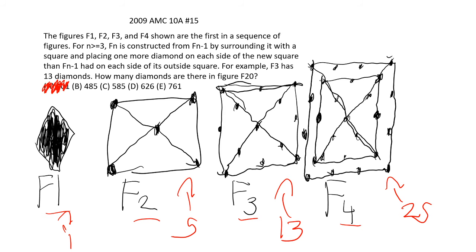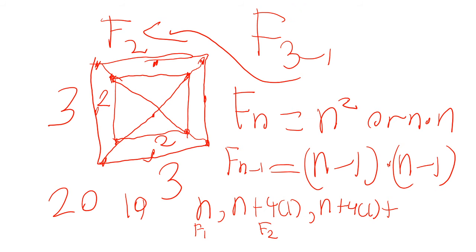Over here we have 5, we go to 13, we add 8, which is 4 times 2. I think you probably understand where we're going with this. So this is 4 times 2. Because this is f2, we add 8. And this will just continue, right? We just take this and we slap on 4 times 3 all the way until we reach f2. And this is going to be f3.